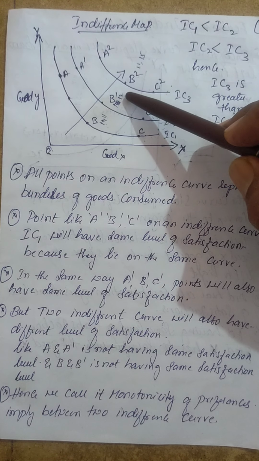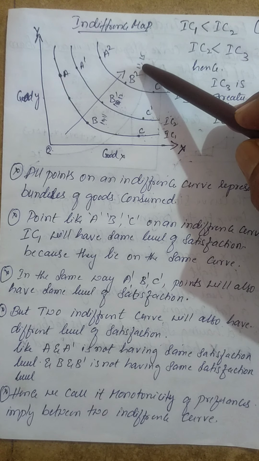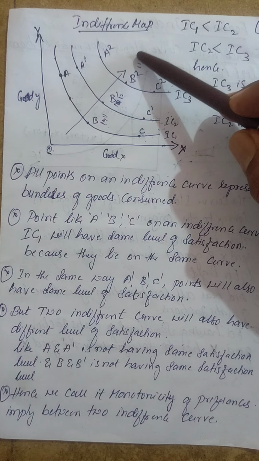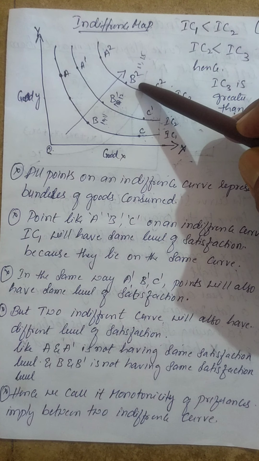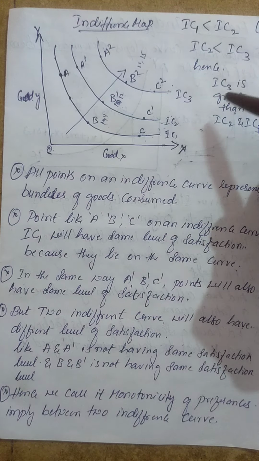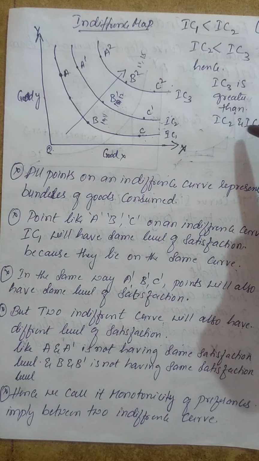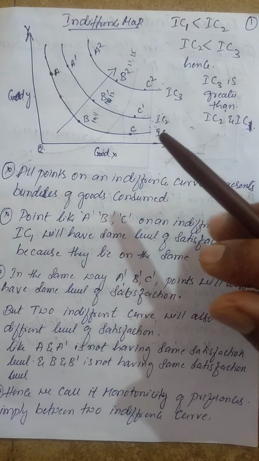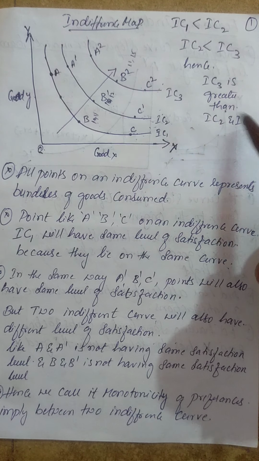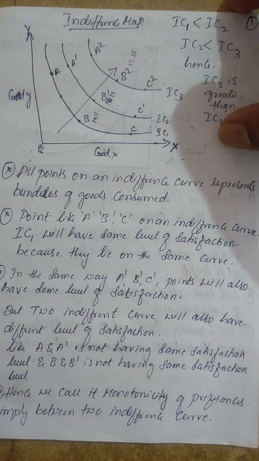Here it is 10 and 12. So this is monotonic preference. That means the highest level of preference has taken place here. The highest level of satisfaction is in this curve compared to these two. Hence IC3 is greater than IC2 and IC1. So this is about the indifference map.